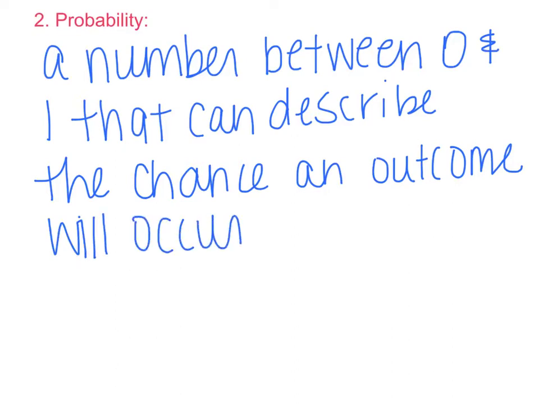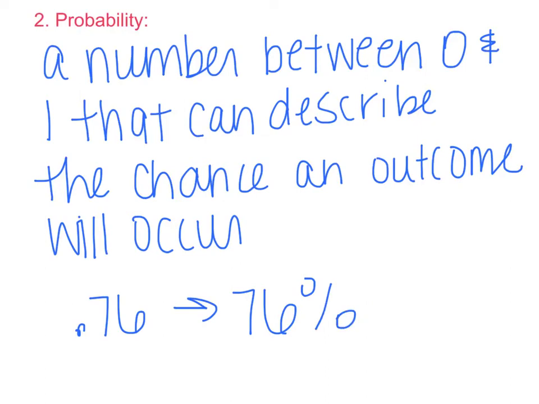Typically, it's going to be some sort of decimal, like for example, it might say 0.76 chance. And so then we will convert that to a percent and say there is a 76% chance that that situation will occur. So that's why it's between a 0 and a 1, because then we will change it to a percent.